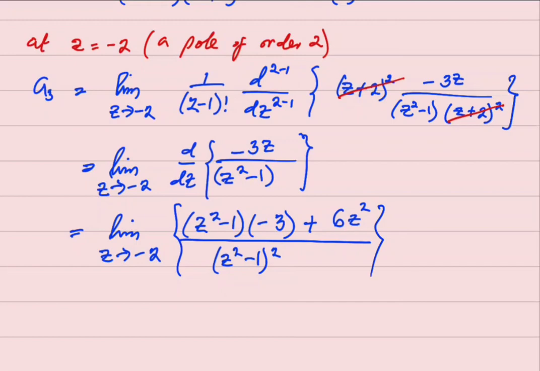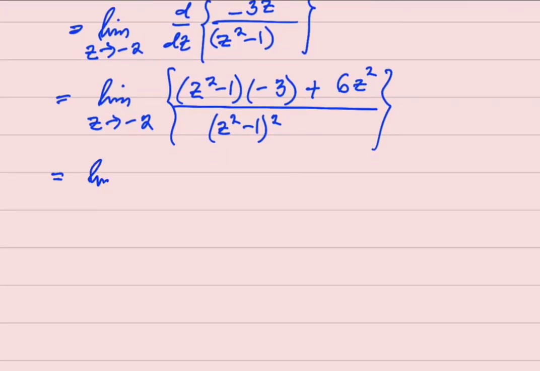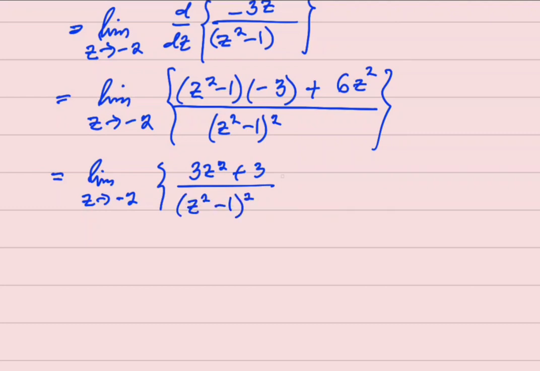So this will give me limit as z goes to minus 2 into 3z squared plus 3 divided by z squared minus 1 to power 2. So that will be the result.